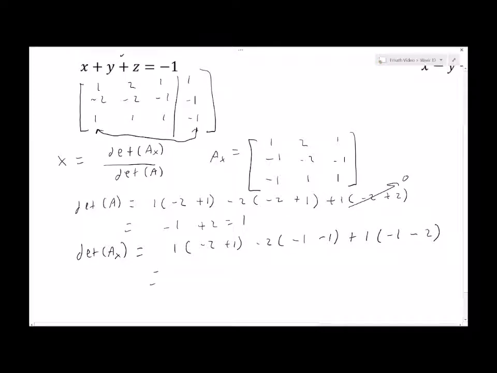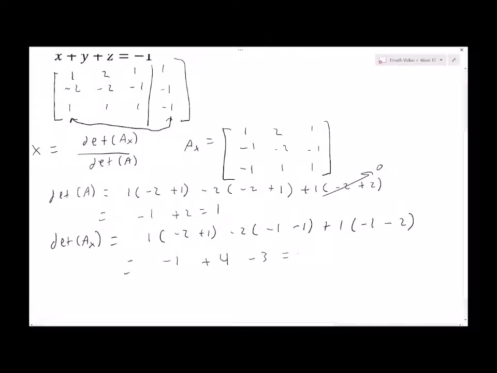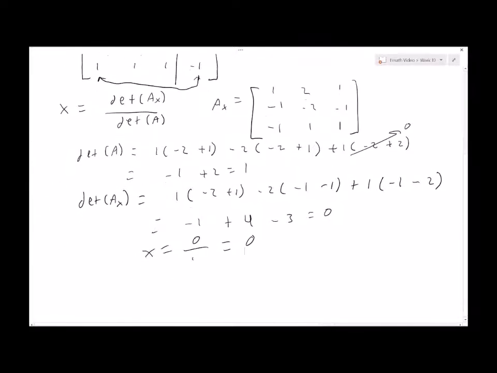So we're left with negative 1 plus 4 minus 3, which equals 0. So x equals 0 over 1, which is 0, and that's what we got in the last video.